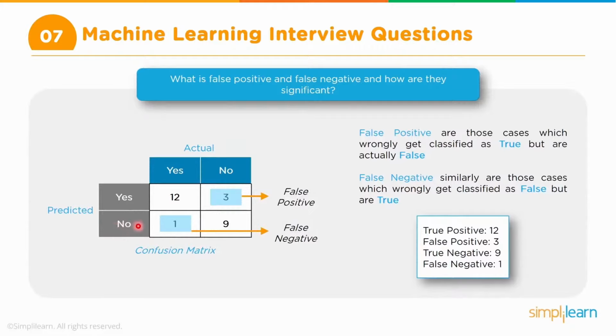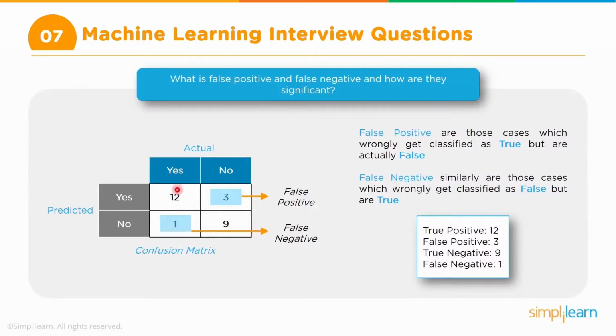So this is the row for predicted negative values and the actual value is this one, right? This is predicted negative and the actual value is also negative. Therefore, this is a true negative. So the false negative is this one. Predicted is negative, but actual is positive, right? So this is the false negative. So this is the way to explain and this is the way to look at false positive and false negative.